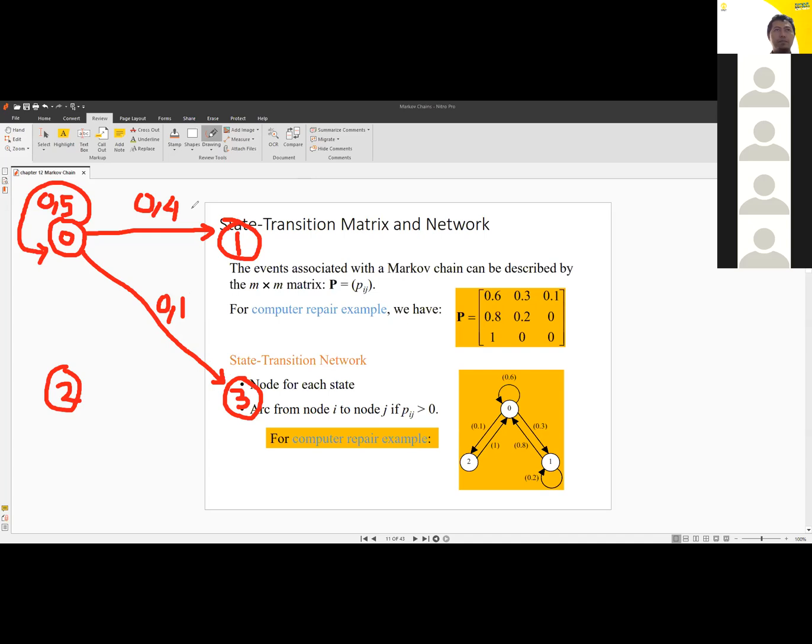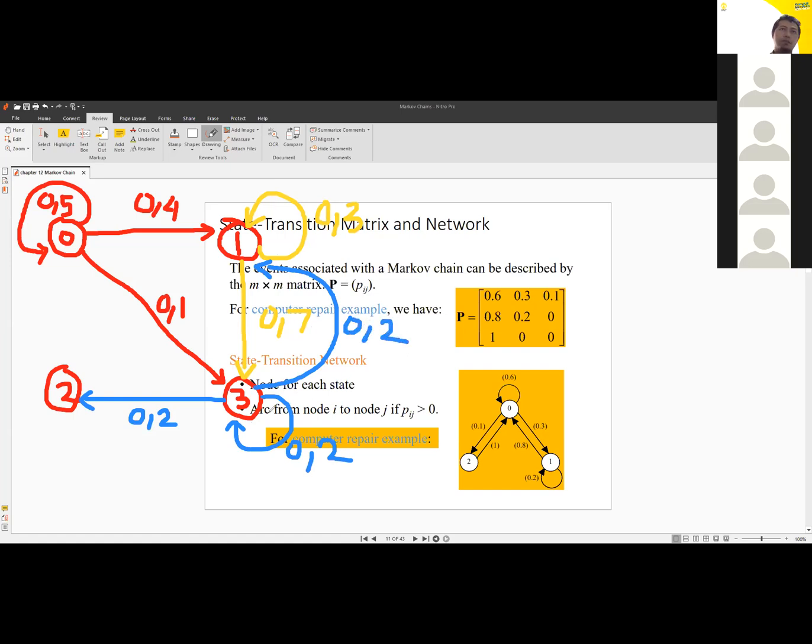Then for the second node it is something like this: 0.7, 0.3, and this one 0.2, 0.2, 0.2, 0.4.